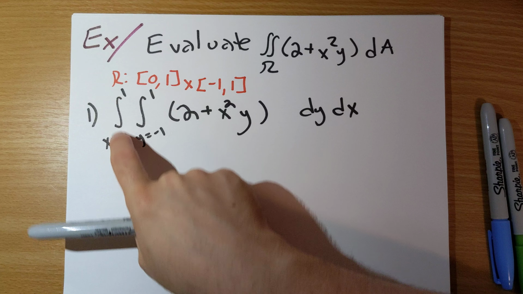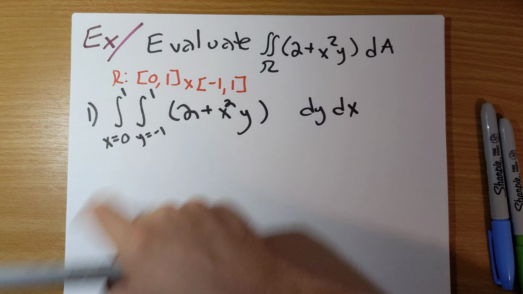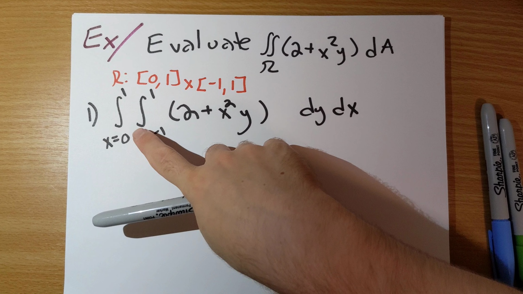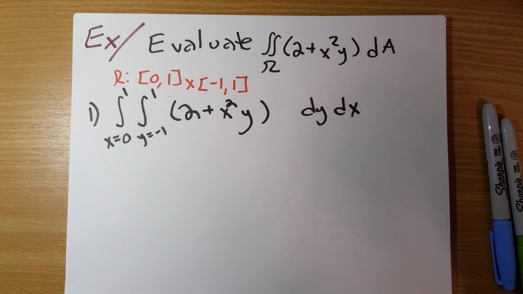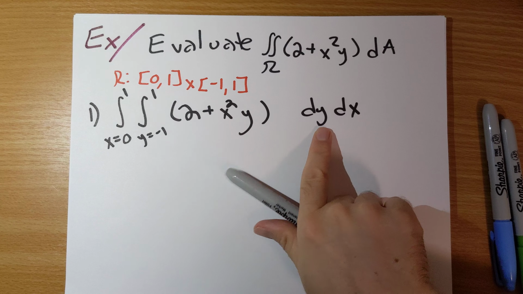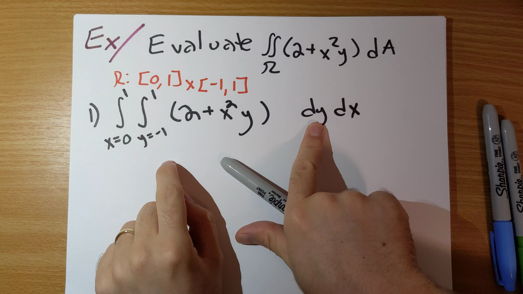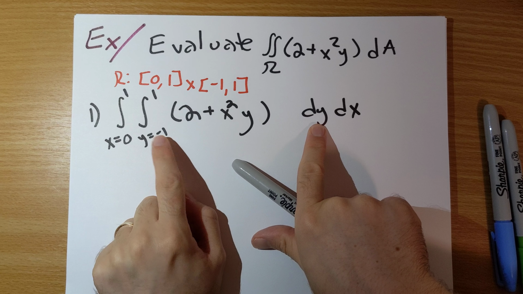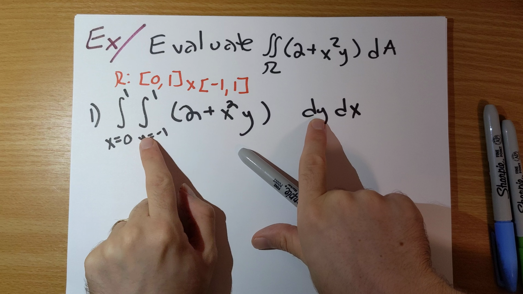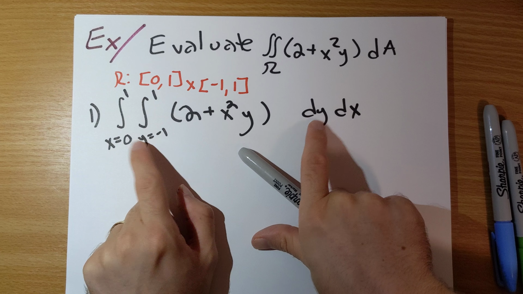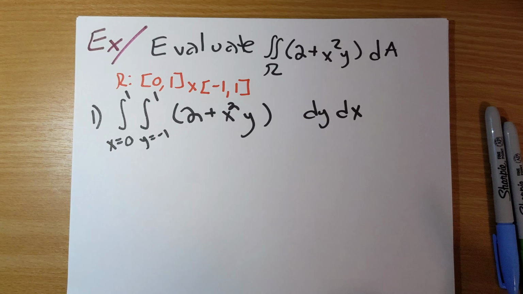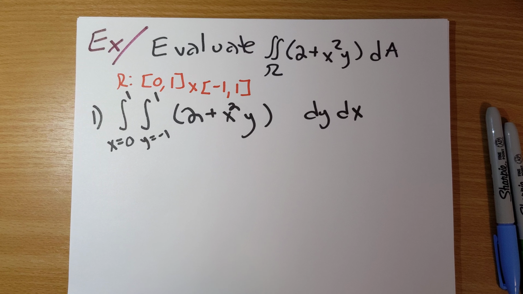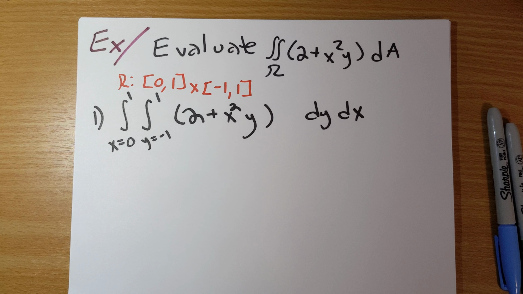I'm putting x is equal to 0 to 1, y is equal to negative 1 to 1, to remind myself which bounds correspond to x and which correspond to y. You don't have to do it, because the dy and the dx tell you that the inside integral has y bounds and the outside integral is with respect to x. But I find it helpful, especially in future sections, to keep track of what's going on.